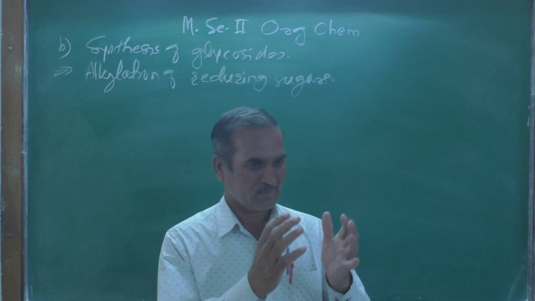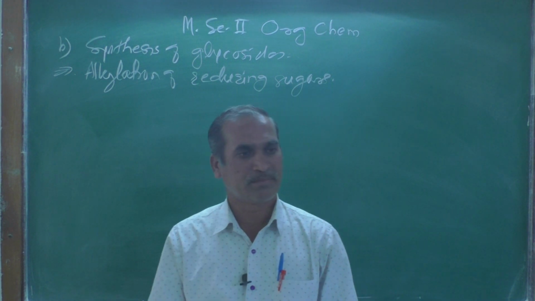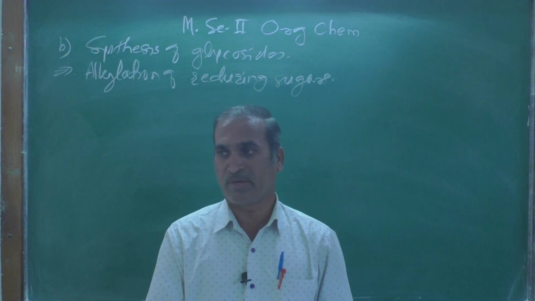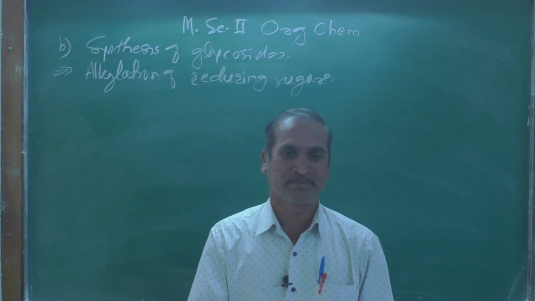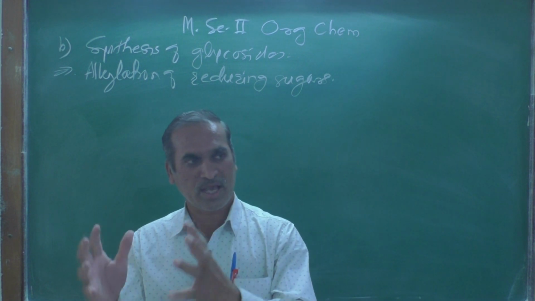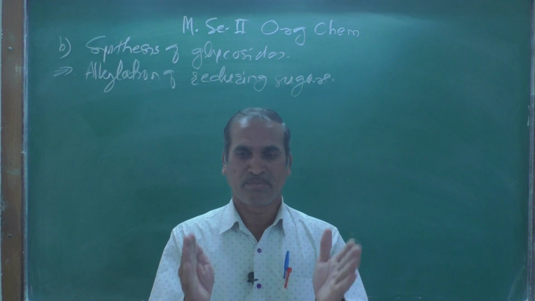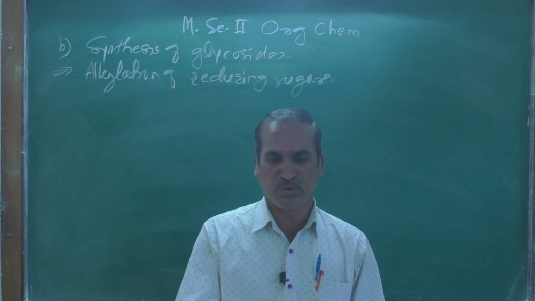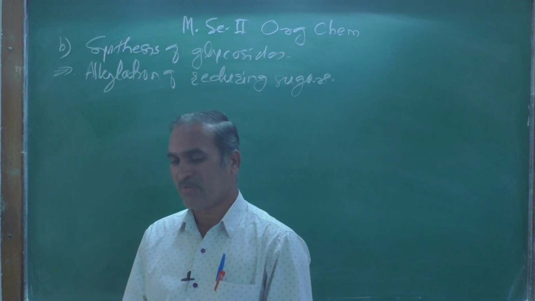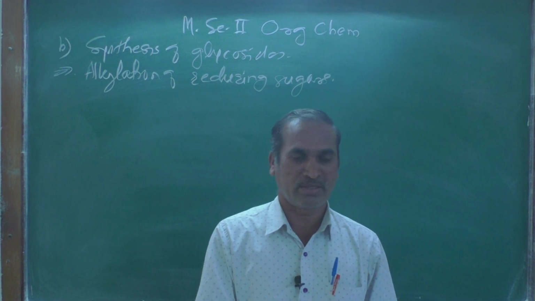Another example, the second molecule, will be maltose. If you remember our previous lecture, we saw how the maltose disaccharide is formed. It is made up of 2 units of glucose, with formation of a glycosidic bond.